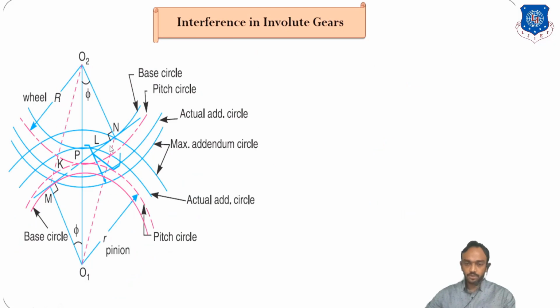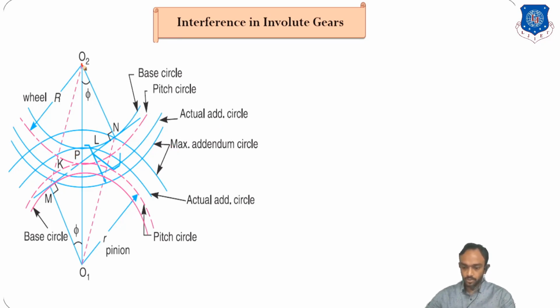This figure you will see in a book, and first of all understand these notations. There is a base circle, and it is a pitch circle. The actual circle means point K; we found KL as the length of path of contact for the actual addendum. But what is the maximum possible addendum?